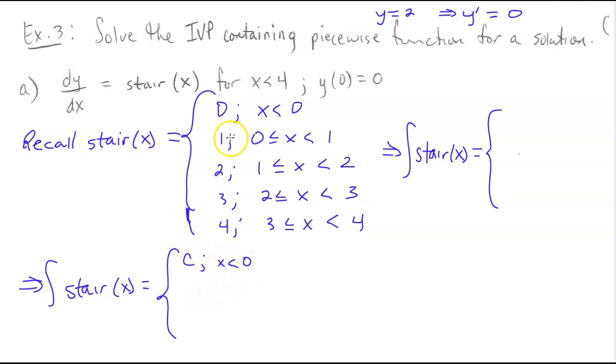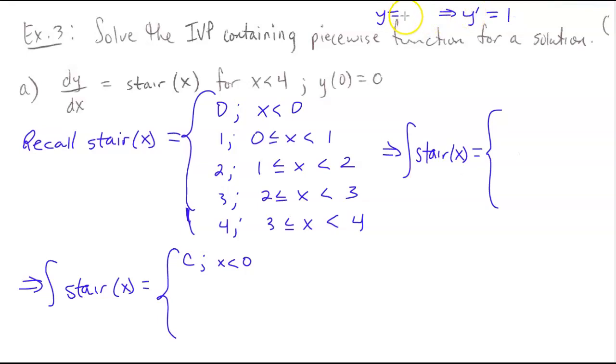Now, for all the rest of these, we know that if we have the derivative of something equaling a constant, it had to come from a linear function. So in the instance of the derivative of something being 1, that is like saying, hey, the derivative of some function is 1. Where did it come from?